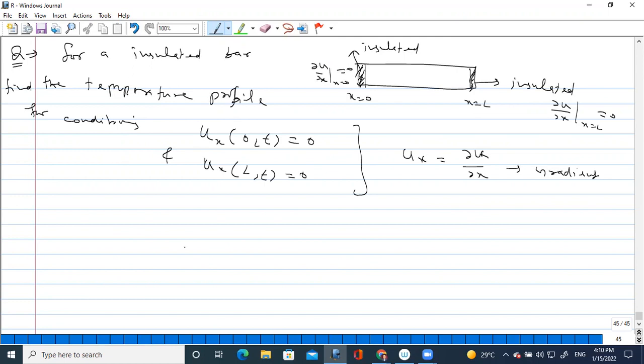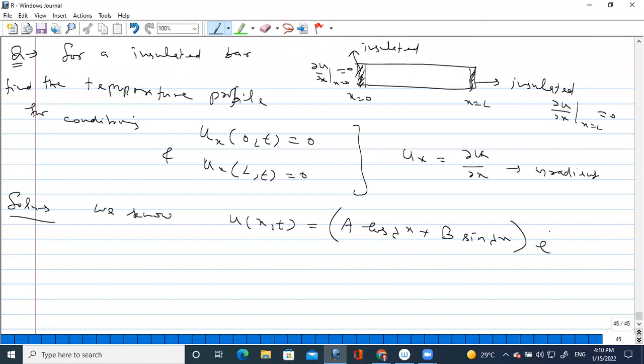Okay, so how can you do it? You can apply the same formula, we remember it. u(x,t) is (a cos lambda x plus b sin lambda x) into e to the power minus lambda square a t.